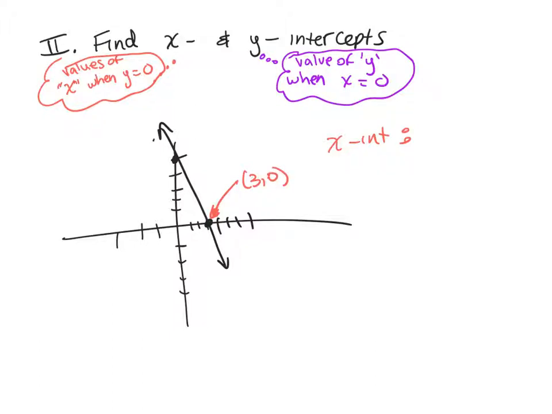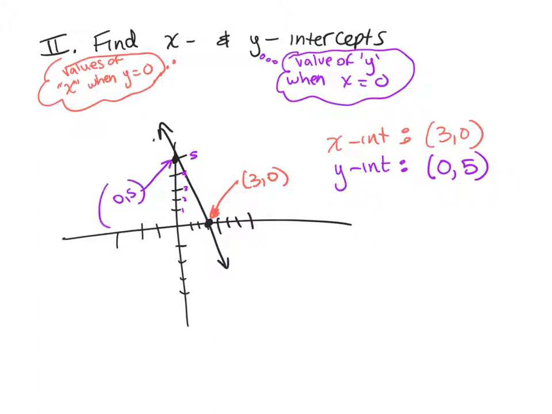So the x-intercept is 3, 0. They didn't say what's the value of x, they asked what the x-intercept was. Intercept is a point. The y-intercept is right there. 1, 2, 3, 4, 5. I went over 0, up 5. This is my y-intercept.